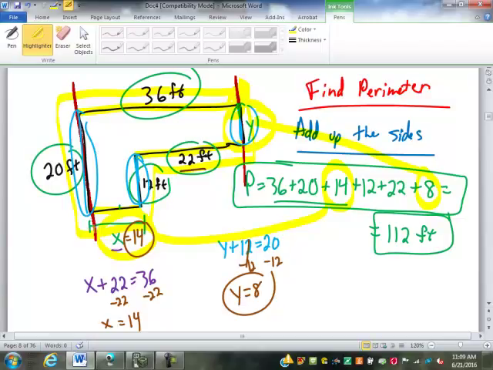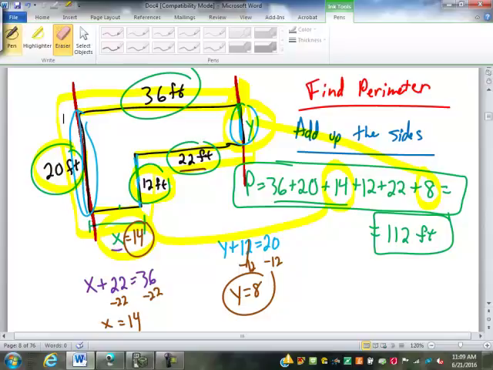Pardon me? Yep. And for y, we took 12 from the 20, yes. Yeah, my line goes through that, so it looks like 17, but it's 20.